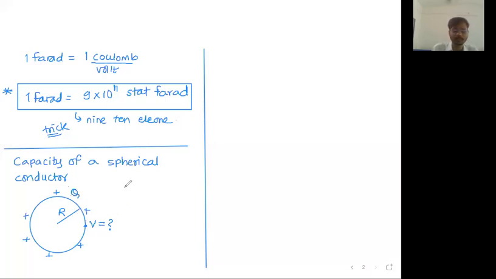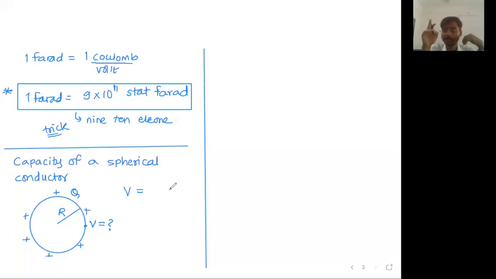Can anyone reply in the chat box? Spherical conductor, potential on the surface. You should not forget this formula. Tell me the potential on the surface of the conductor. Very good, Advait. Use small r, capital R precisely. Very good, Slesha.